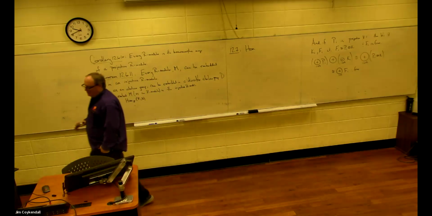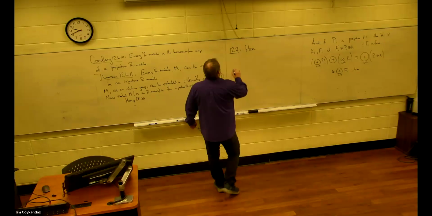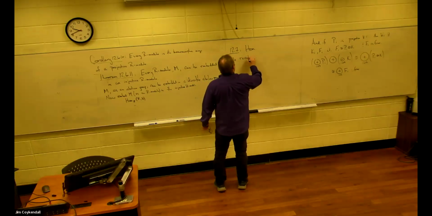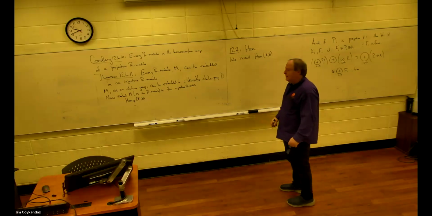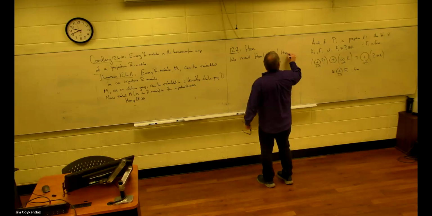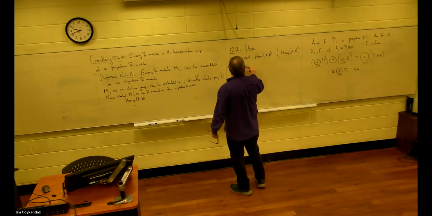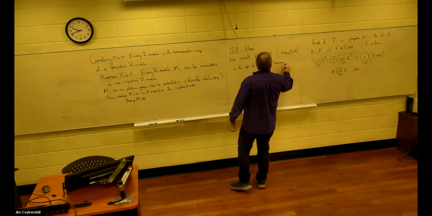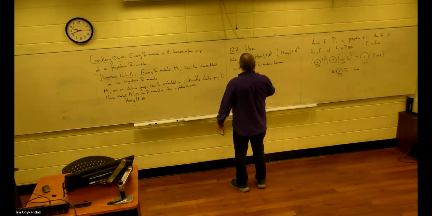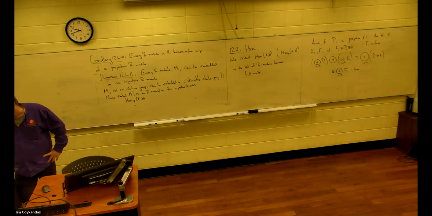The idea behind Hom is, well, call Hom_R(A, B) the set of R module homomorphisms f from A to B. So you might have two R modules A and B. You might look at the set of all their homomorphisms.